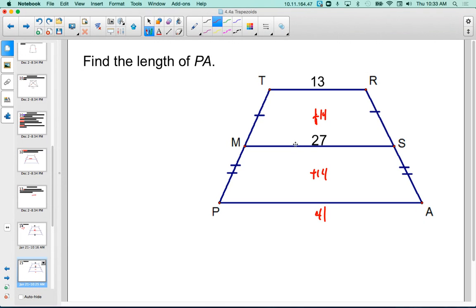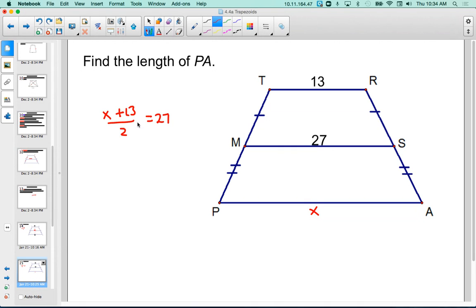Now, another way to solve this one is instead of doing this, I can make this a variable and solve an equation. I could do x plus 13 divided by 2 equals 27. So you add the bases and divide by 2 to get your mid-segment length.